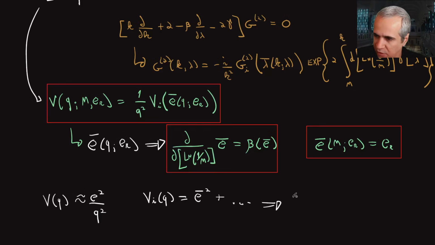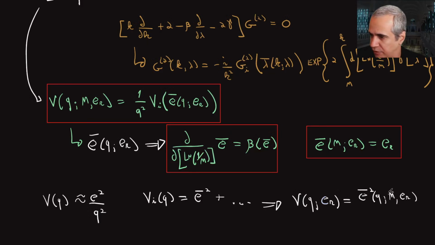Let me just write explicitly here the potential. It is just this, and at this order it does not depend explicitly on M. All the dependency on M is hidden here inside e bar, the implicit dependence through the definition of this guy.